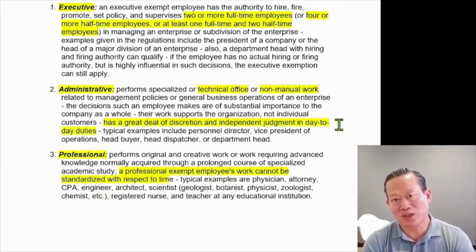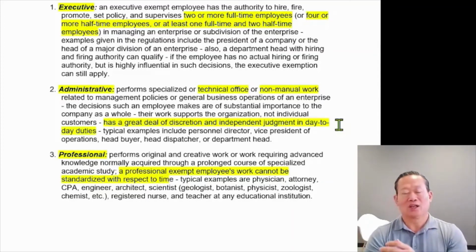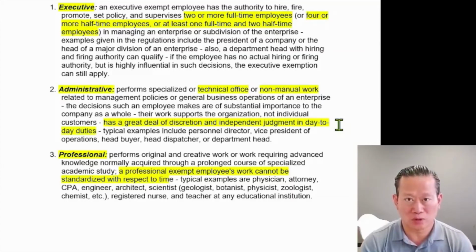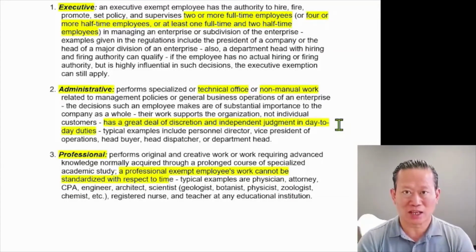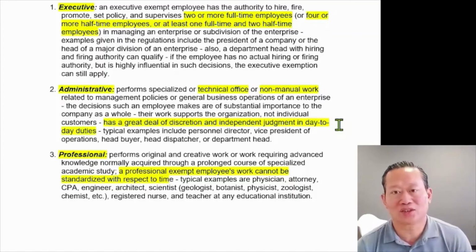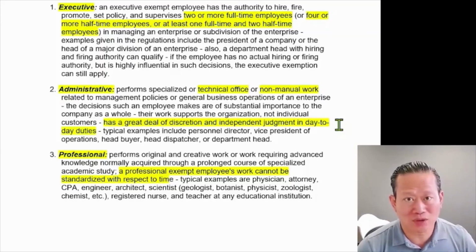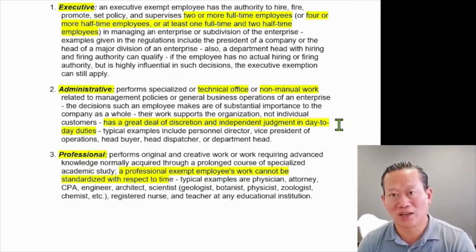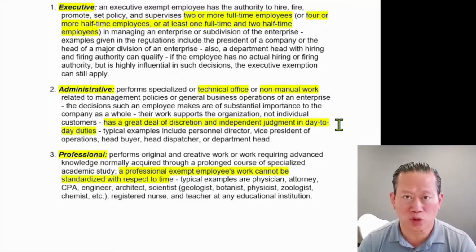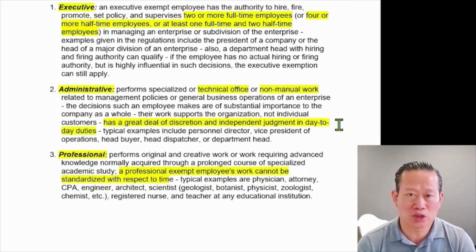However, just because someone has a specialized degree or training doesn't mean that the job they do or perform is an exempt category. So for example, if you have a lawyer that decided to drive a limousine, then that person is not exempt because even though they have a specialized training, they're not performing and utilizing that specialized training.